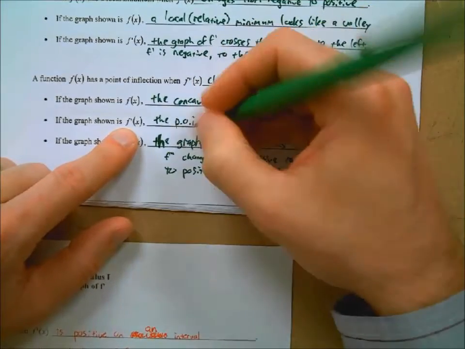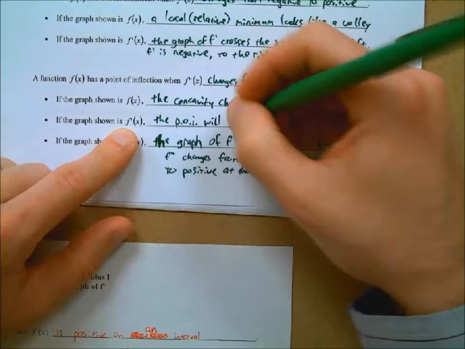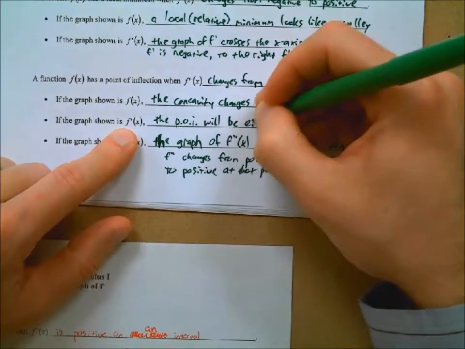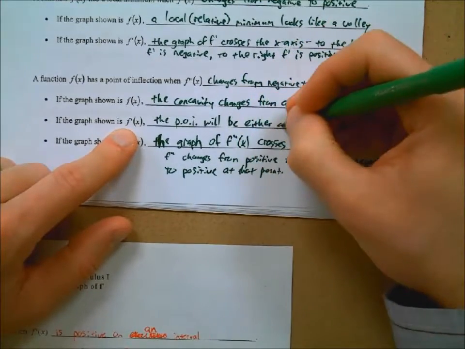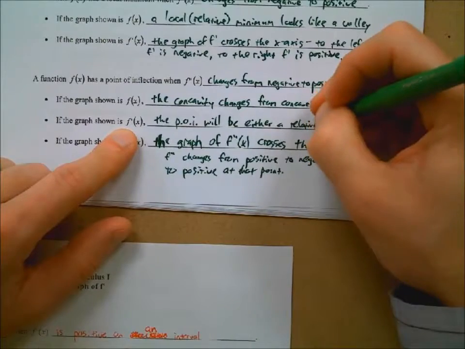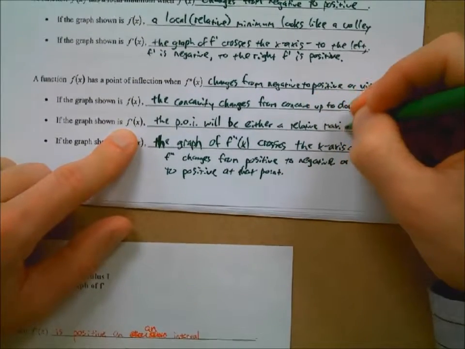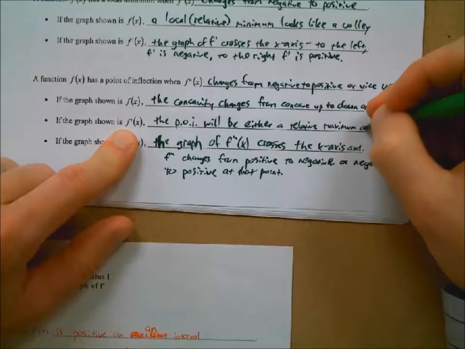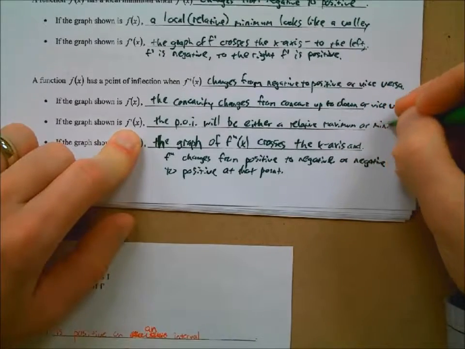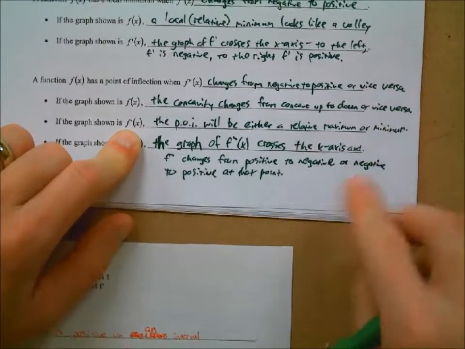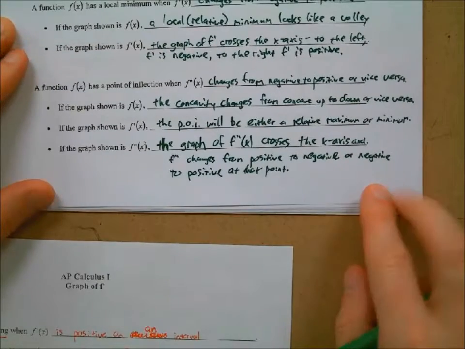So in other words, the point of inflection, I'm going to abbreviate that here, POI, will be either a relative maximum or minimum. Okay? The point of inflection will be either a relative maximum or relative minimum.